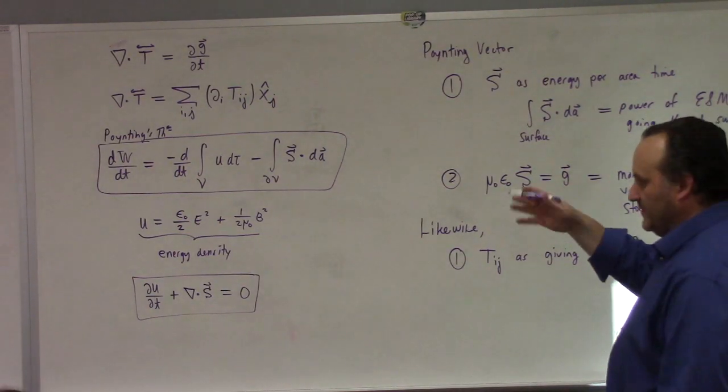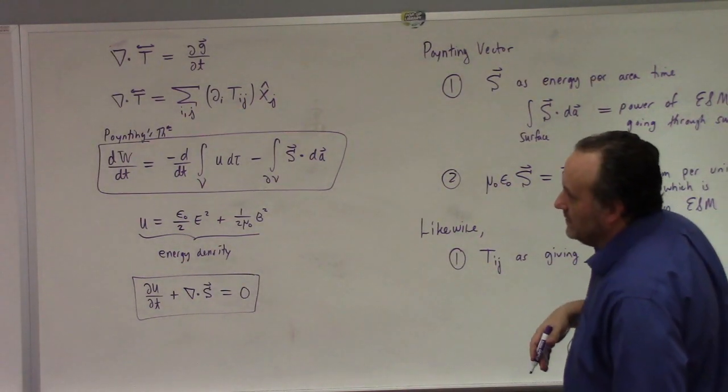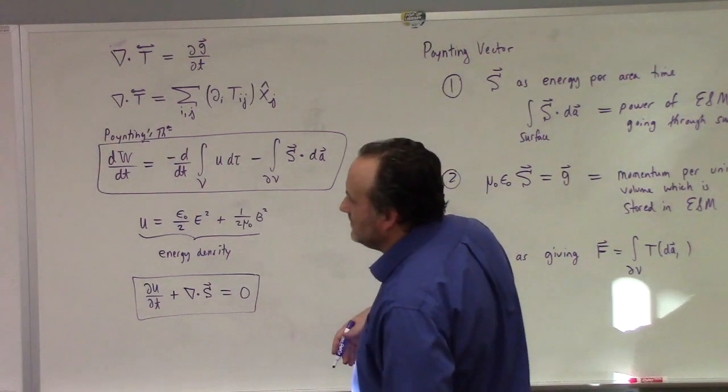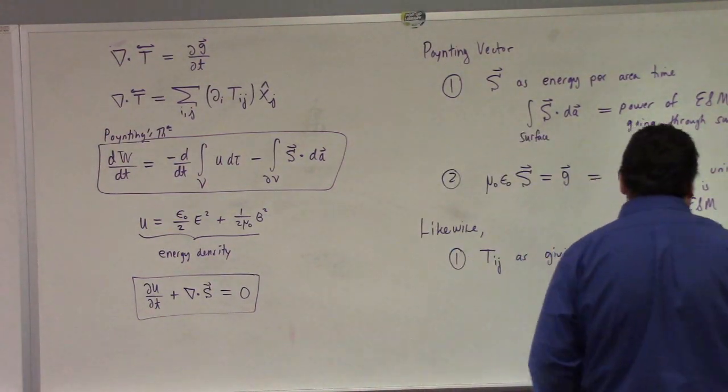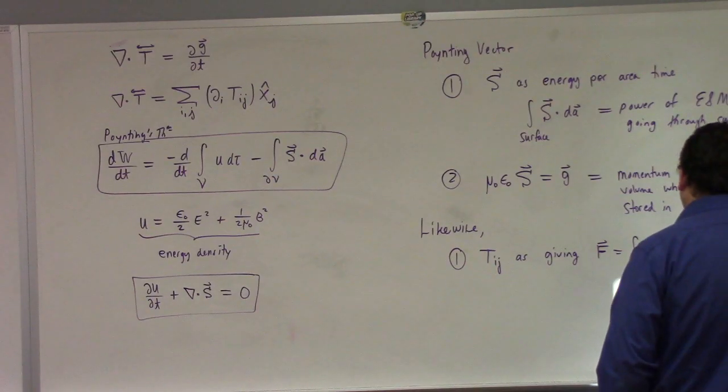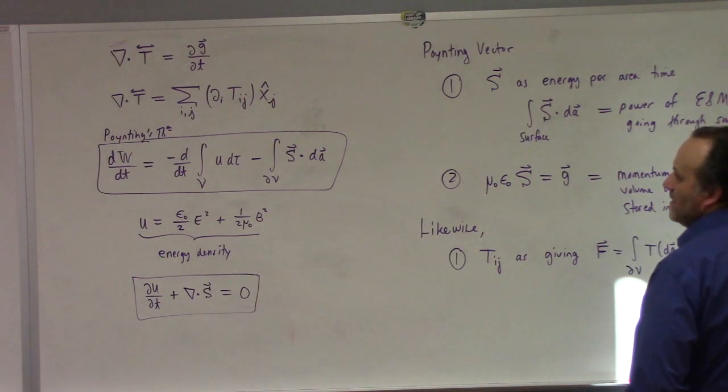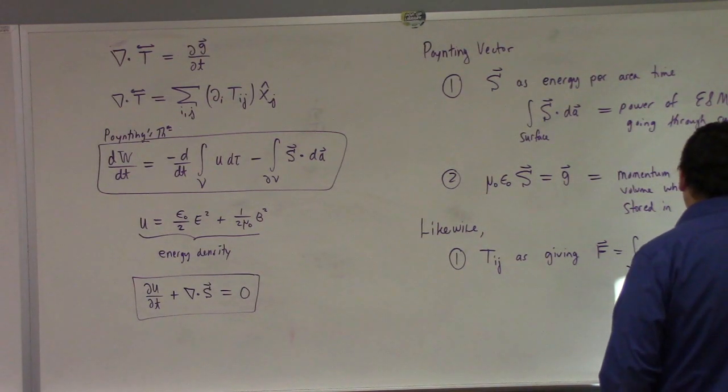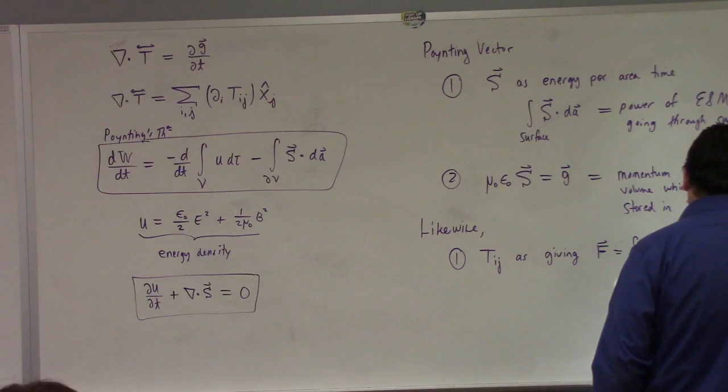And then there's the other term, minus epsilon naught mu naught, minus the integral over the volume of partial S, partial t, d tau. I guess we could write partial G, partial t, d tau, right?